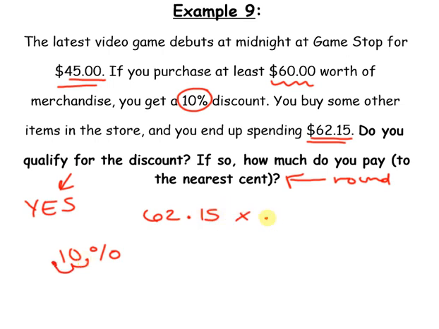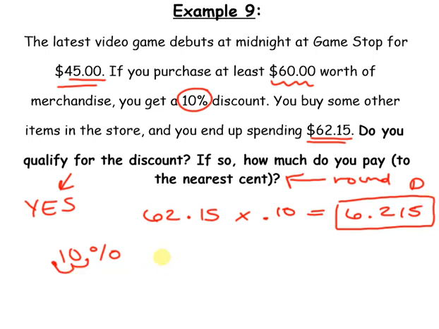So times 0.10 equals. Go ahead and calculate that. You should get 6.215. That's $6.215. I know that sounds very weird, okay? But this is going to be your discount. Remember, we don't round until the end.